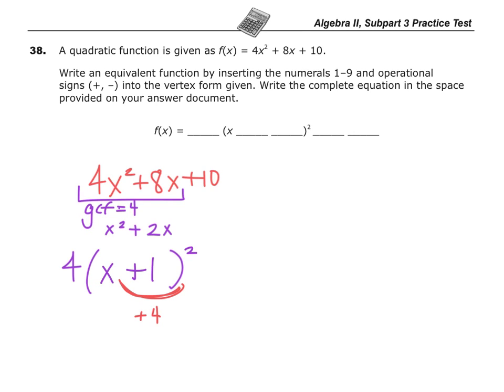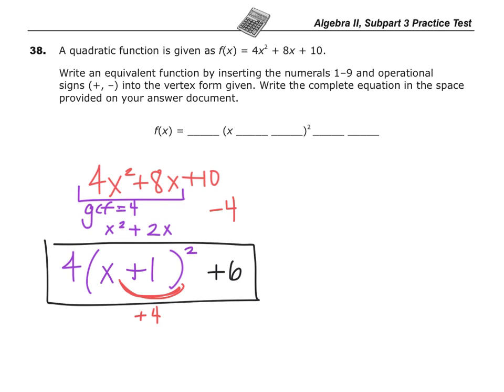Well, I can't just add 4, so I'm going to have to subtract 4, which means my new number, if I think about this right here, the plus 10 and the minus 4, that means my new number is going to be plus 6. So you may need to watch and hear that explanation again, but your final answer is going to be 4 times (x plus 1) squared plus 6. All right, that's how we write that.